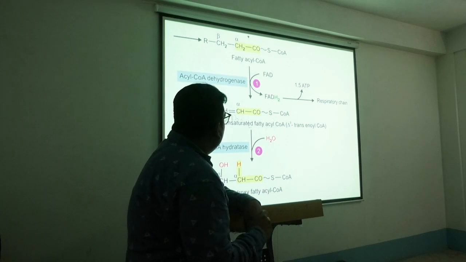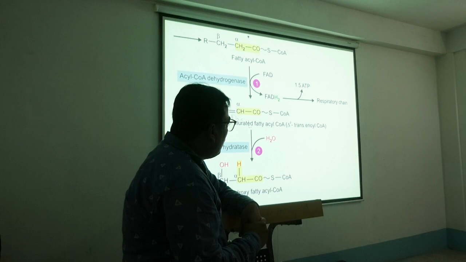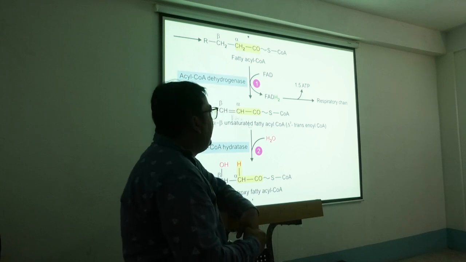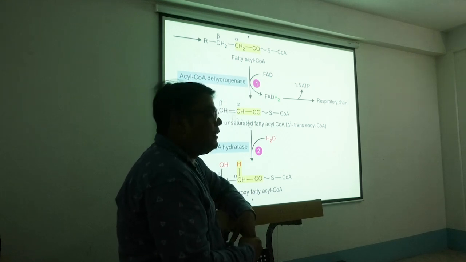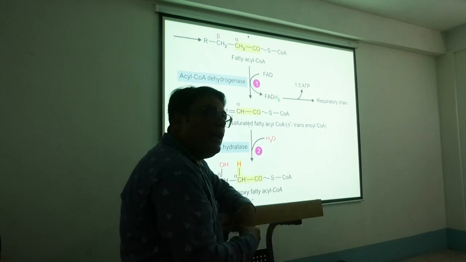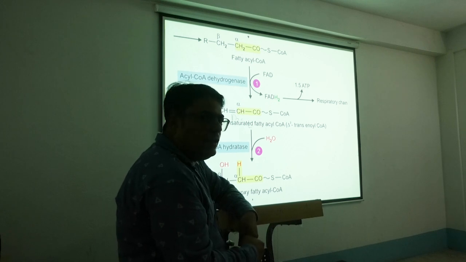Okay. So in the next step, the fatty acyl CoA is converted into alpha beta unsaturated fatty acyl CoA by the activity of the enzyme acyl CoA dehydrogenase. And this dehydrogenase depends on FAD and FADH2.